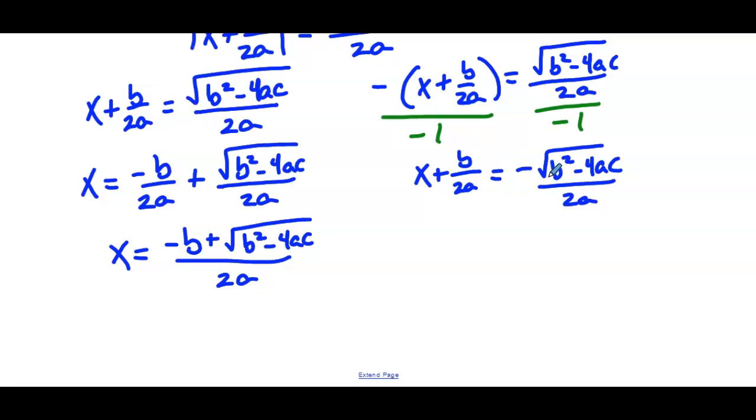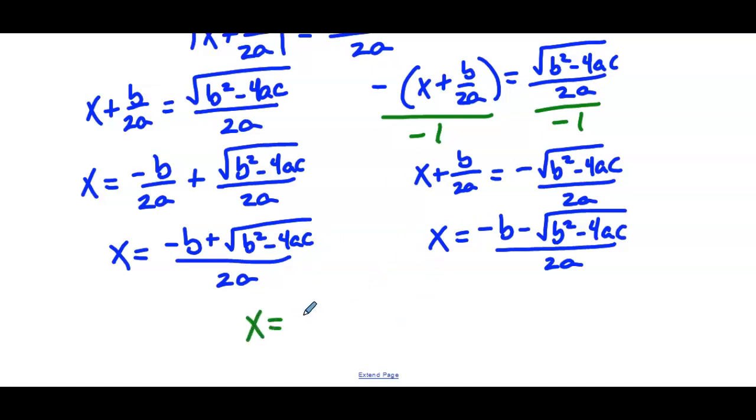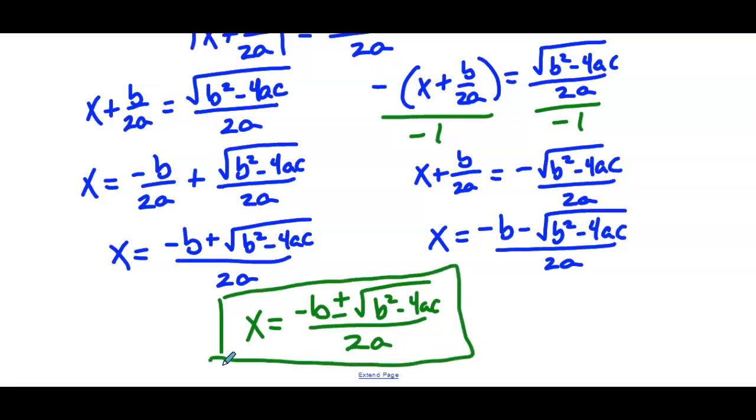And we can subtract, and they'll have a common denominator as well. So I'll just combine them in one step: negative b minus the square root of b squared minus 4ac over 2a. And I can combine these answers to x equals negative b plus or minus the square root of b squared minus 4ac all over 2a. That is the quadratic formula.